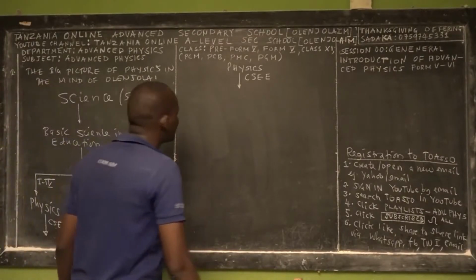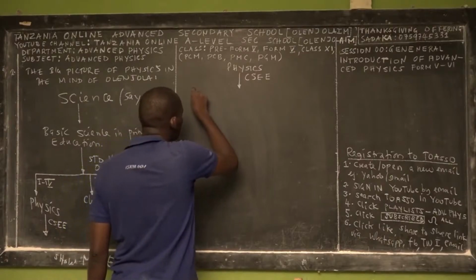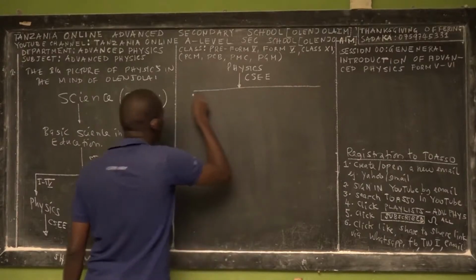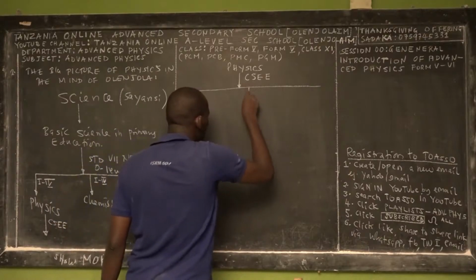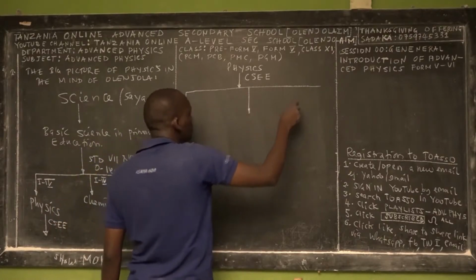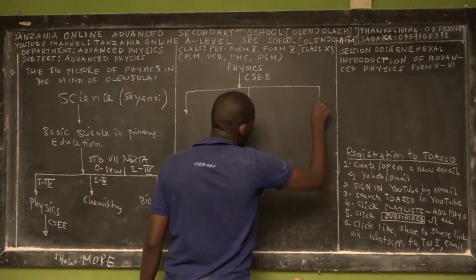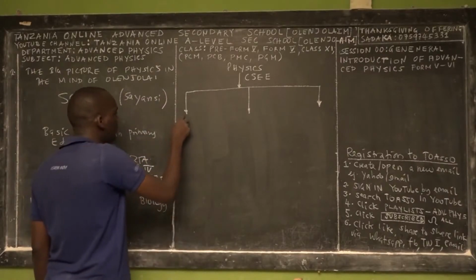Once you pass the Certificate Secondary Education Examination, you can take the route of physics in 3 ways. You can study pure physics and you can study applied physics. Simply, you can study applied physics.